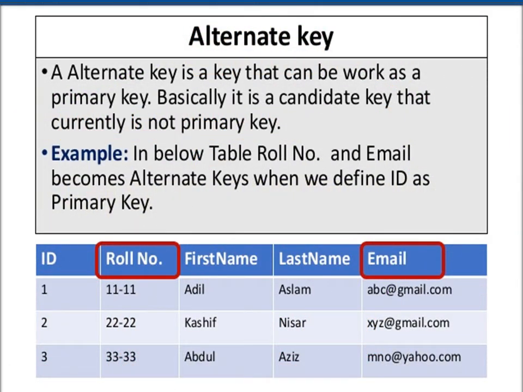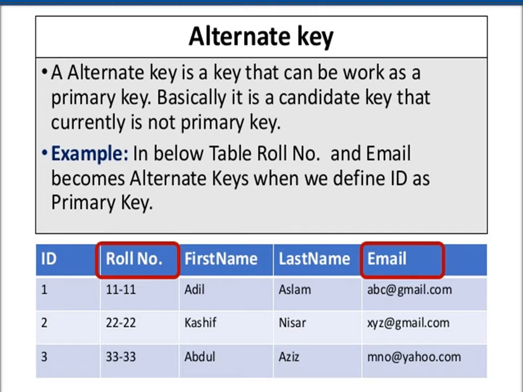So as you have seen the table, here is another table: ID, roll number, email. Instead of student ID, here I have taken ID. Now these three fields are qualifying to be a primary key. So ID is the primary key I have chosen, and roll number and email will be the alternate keys.